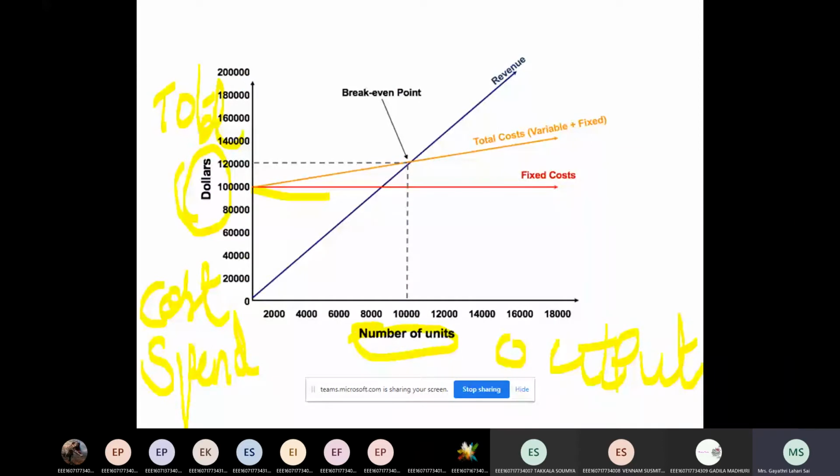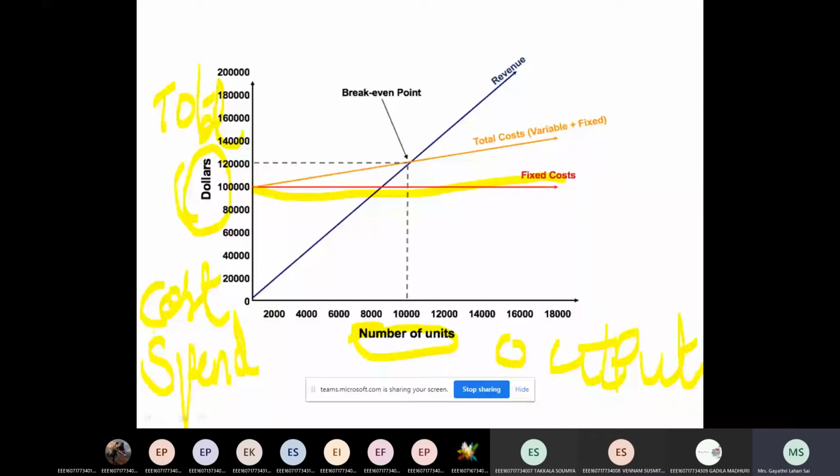So I am drawing a line. I had fixed this fixed cost here, so this red color line is the fixed cost, right? So now you have two lines. I said the break-even point is a point where the total revenue is equivalent to the total cost.